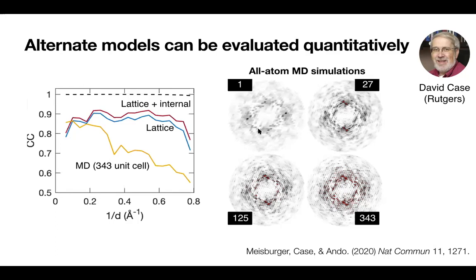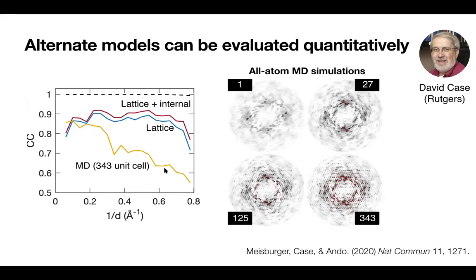If there's just one chain, you get a pattern like that. And as you increase to more and more, eventually reaching 343 lysozyme molecules in this simulated crystal, you start to reproduce diffuse scattering patterns that look an awful lot like the measured ones.